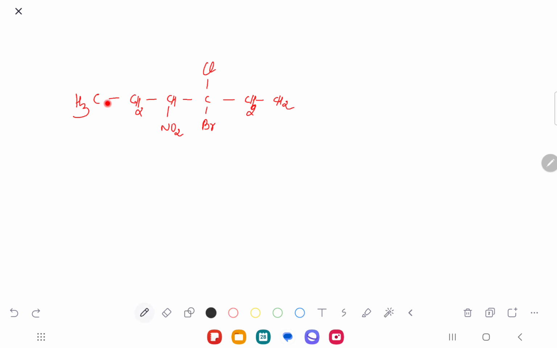So it should be 6 carbons. It should be hex. Yeah, try. You tell. Correct. Good job. 3-bromo-3-chloro-4-nitrohexane. Yes or no? So that's the IUPAC name.